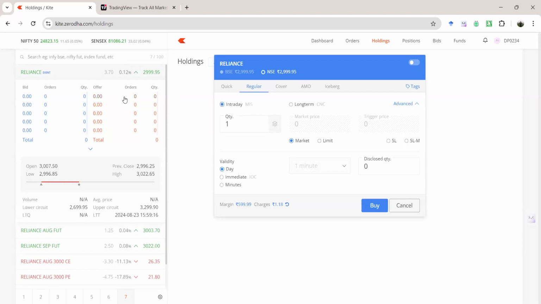So this happens if the stock is not liquid enough. If the stock is liquid, then whatever offer price is available here, it will get executed at that price.